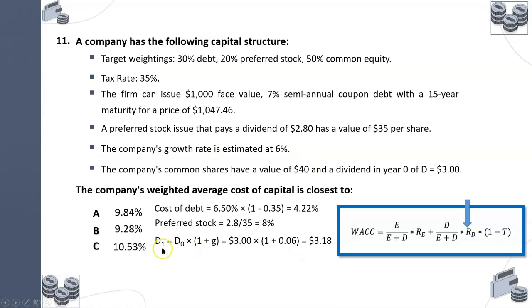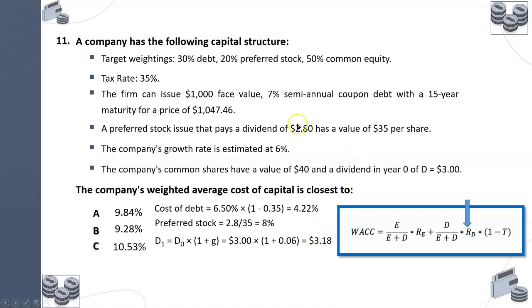Dividend next year equals dividend today at time 0 times 1 plus growth of 6%. The company's growth rate is estimated to be 6%. Growth in dividend: if we pay $3 this year, next year will be 3 times 1 plus growth, which is 6%. That will give us next year's dividend, this much.